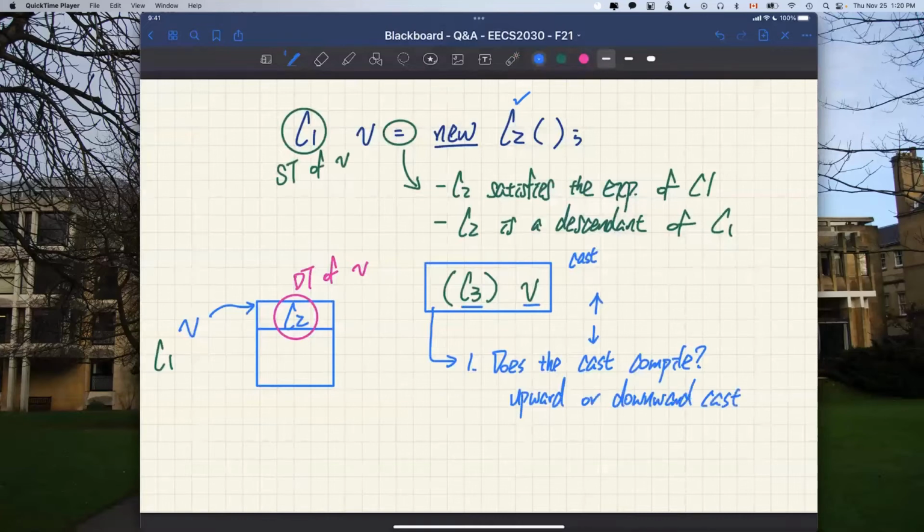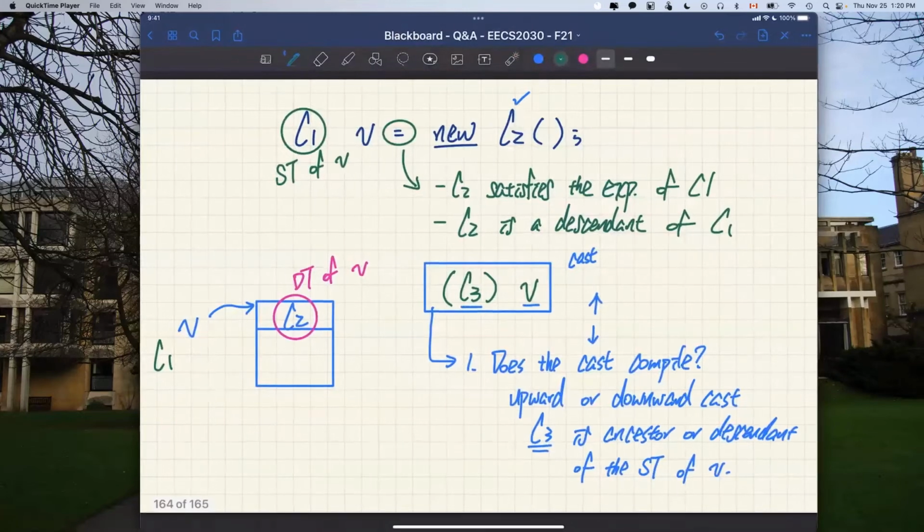That means C3 over here should be either an ancestor or descendant of the static type of the variable that we are trying to cast. In this case, the static type for V is actually C1.